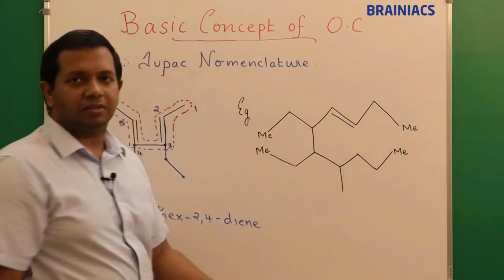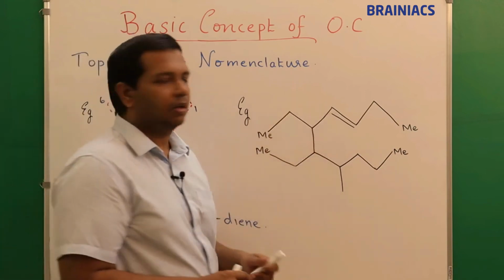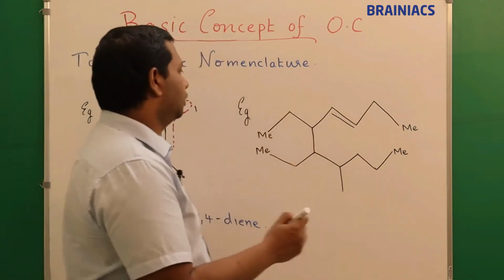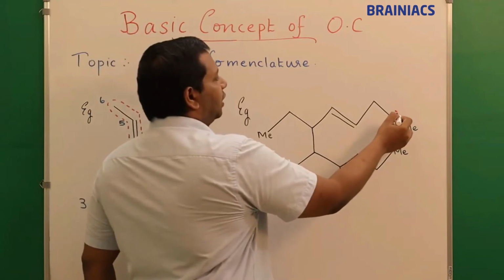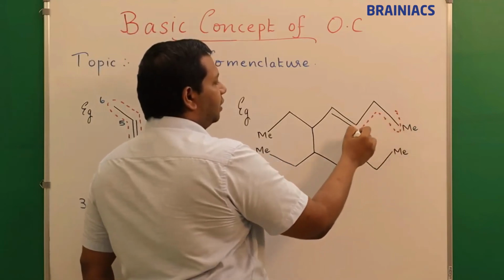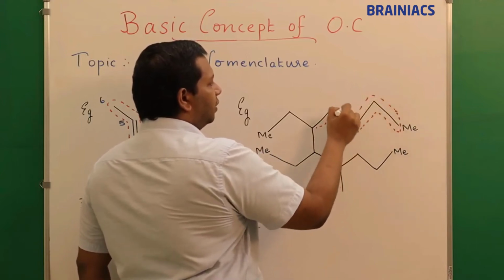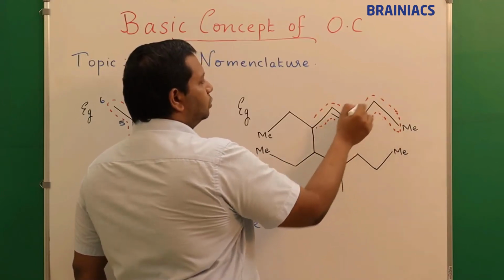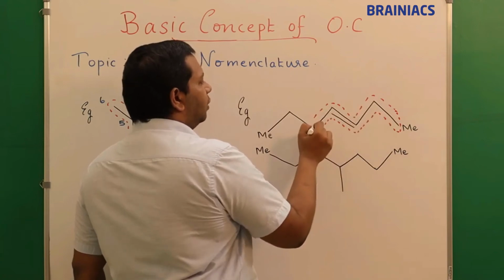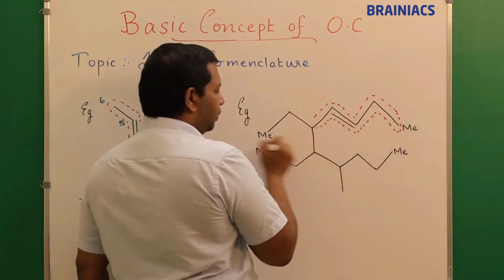So we will choose the path in such a way that we should include this double bond. So what should be my path? Longest possible path. So I will start it from here. This should be included. So here you could see I have included like this. Now 1, 2, 3, 4, 5. Now I can go in this way or this way.